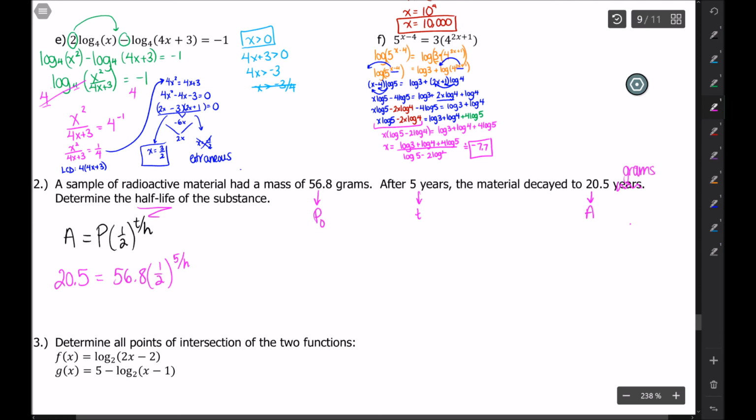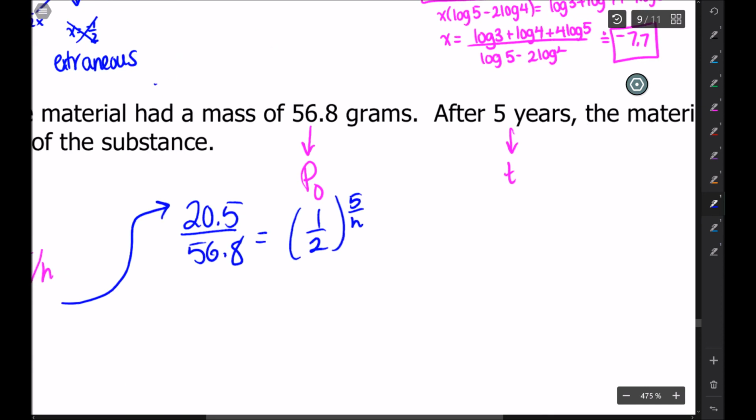Okay, so what I'm going to do next is I need to get rid of this 56.8. So I'm going to divide both sides by 56.8, and I get 1/2 to the power of 5 over h. Now, to isolate this exponent here, I'm going to take the log of both sides.